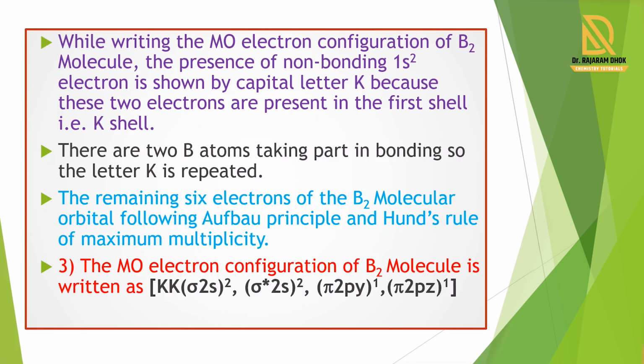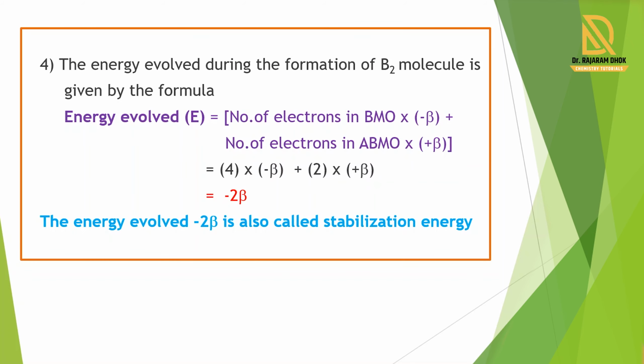Now the next point is the energy evolved during the formation of the B2 molecule. This energy evolved is calculated by a simple formula: energy evolved is equal to the number of electrons in bonding molecular orbitals into minus beta, plus the number of electrons in anti-bonding molecular orbitals into plus beta.